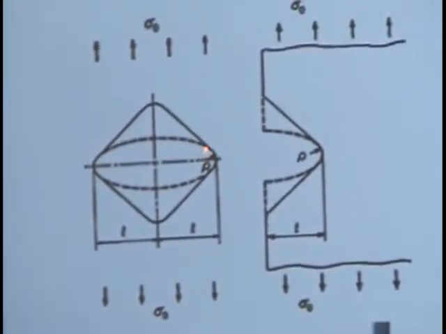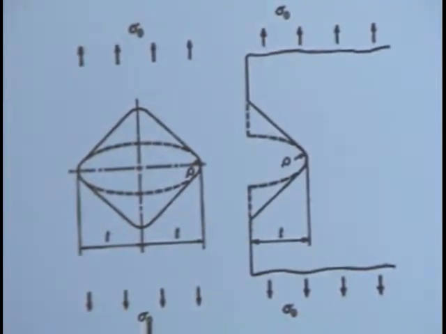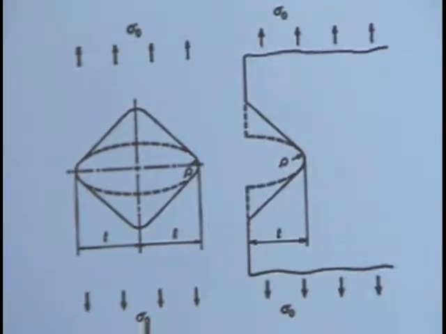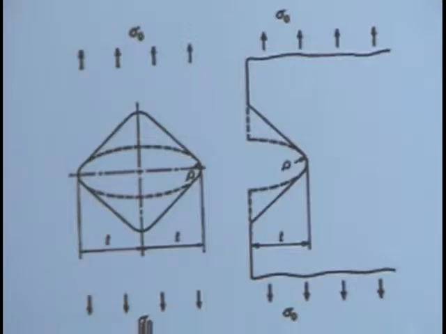So rho is given by B squared over A. This expression is very useful to obtain approximately the stress concentration factor for this kind of hole. This is not an elliptical hole, but this kind of notch. We call this a V notch.